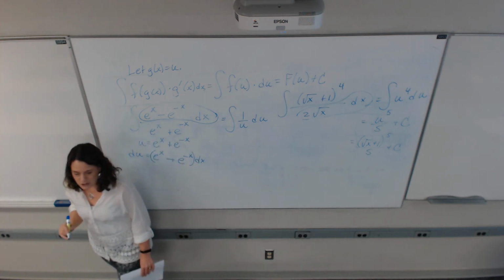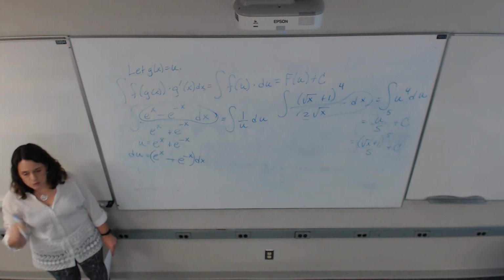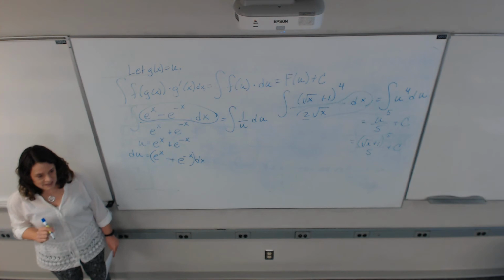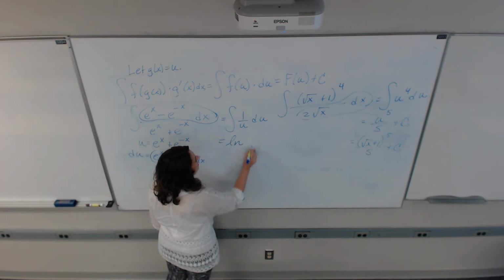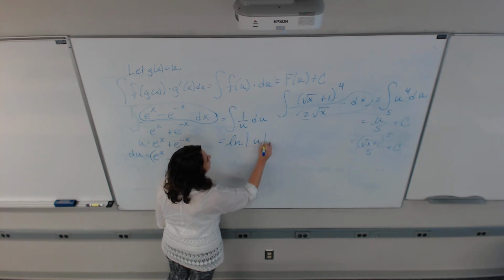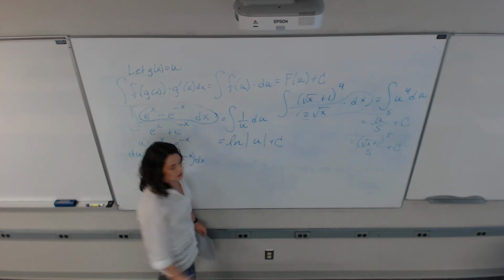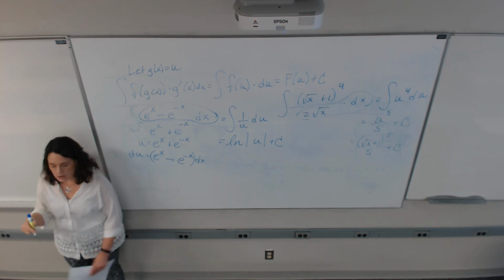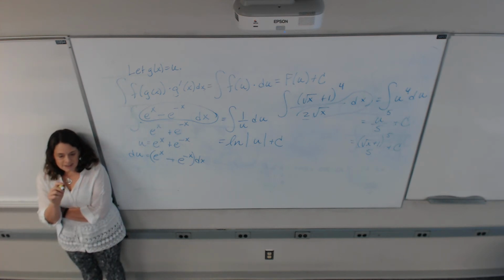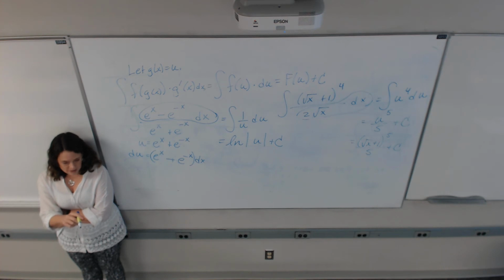What function do you know whose derivative is 1 over u? Natural log. So we're going to have natural log. Now you're going to notice that I'm going to put absolute values around it. Why did I put absolute values around the u? Natural log can't be negative. Natural log cannot be negative.